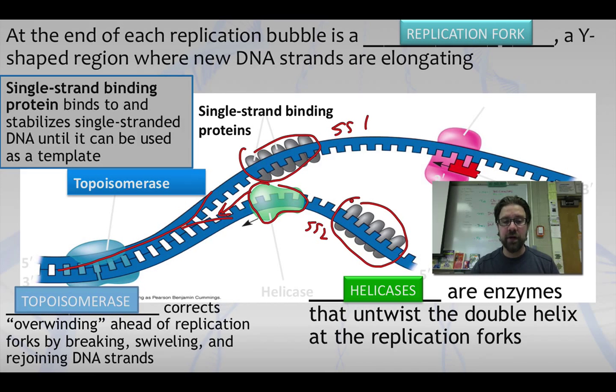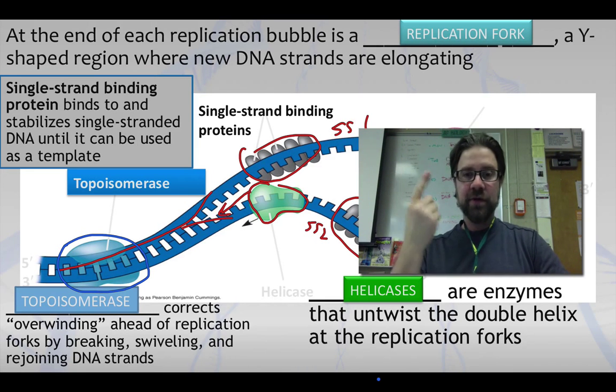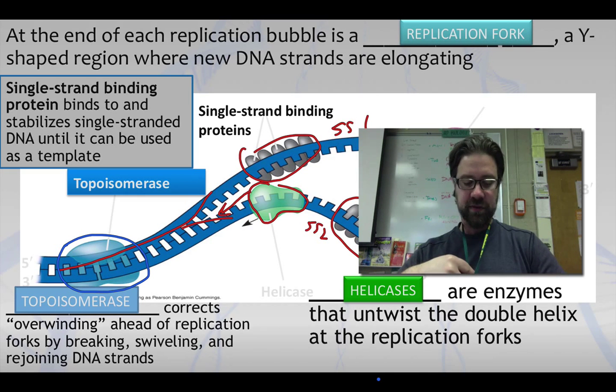Next is an enzyme called topoisomerase, which you can see down in the corner right here. It's this big blue blob. The best way to think of its action is if you have a lanyard and you put a few twists in it. I'm going to use my finger as helicase. I'm going to push helicase down, opening up the double-stranded helix.